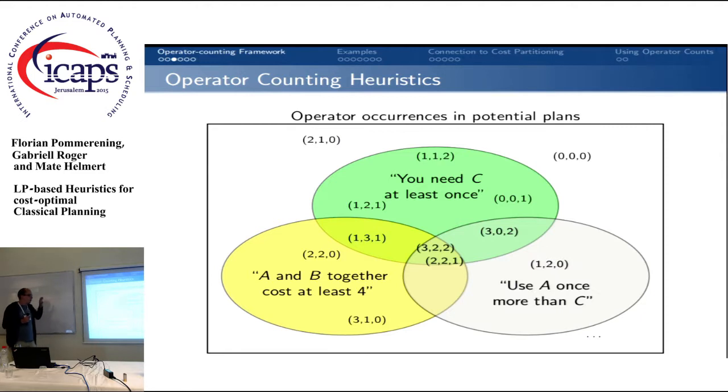Now, when all of these are actual properties of plans, so every plan must satisfy them, then you know that the tuples that represent plans must be in the intersection, in this area here where all of the constraints are satisfied. And now, when we are not looking for an actual plan, but just for an admissible estimate, we can look for the cheapest element within this set. So in this case, assuming all operators cost 1, the cheapest one is using the first 2 operators twice and the third operator once for a total cost of 4.